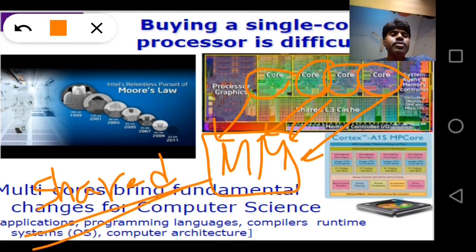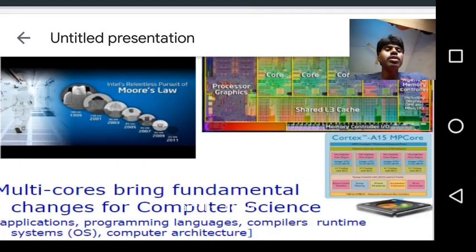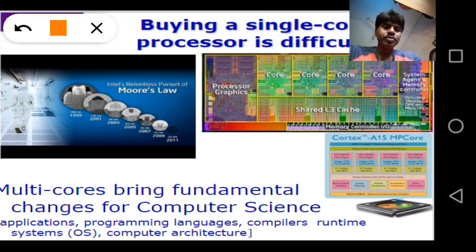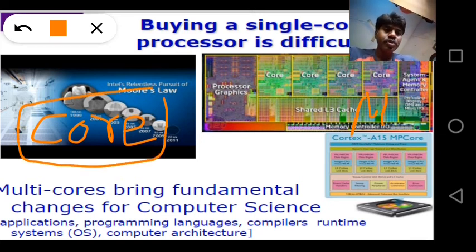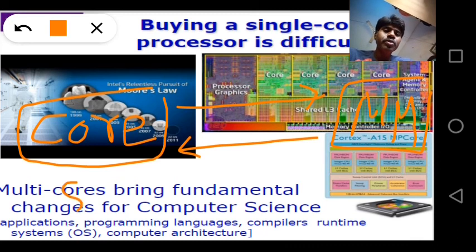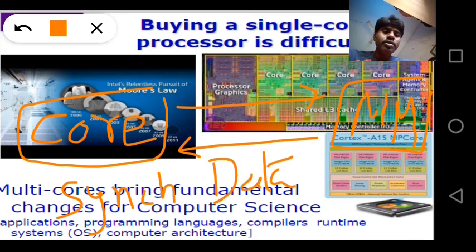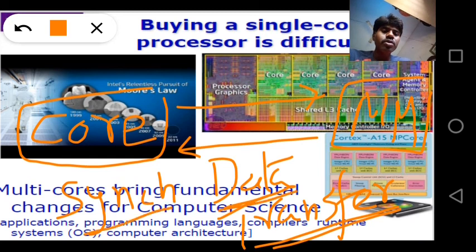The speed of the core and the speed of the main memory are comparable, so the communication can be synchronous data transfer.